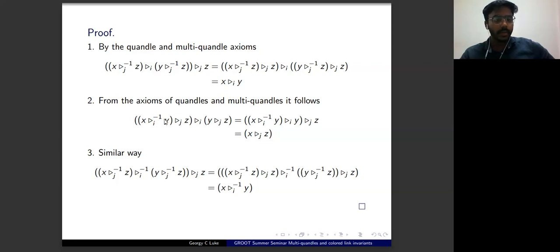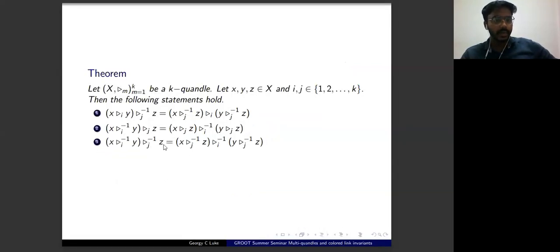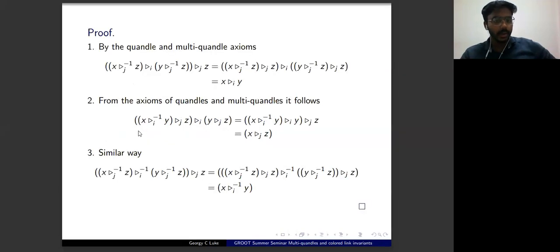And for the second statement, ((x ◁_i^{-1} y) ◁_j z) ◁_i (y ◁_j z), again by the right distributivity axiom of multi-quandles, it's just ((x ◁_i^{-1} y) ◁_i y) ◁_j z. So (x ◁_i^{-1} y) ◁_i y becomes x since ◁_i is a quandle operation. And then applying ◁_i^{-1} (y ◁_j z), we get the second statement. For the third statement, we use the second statement which we have just proved.